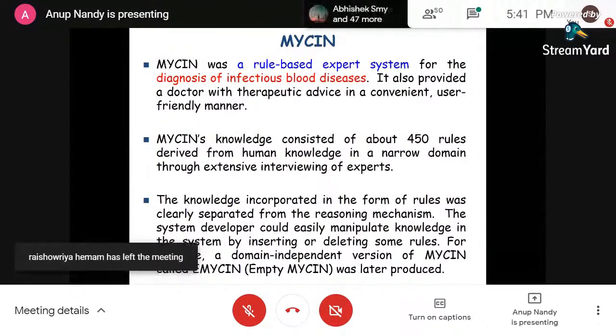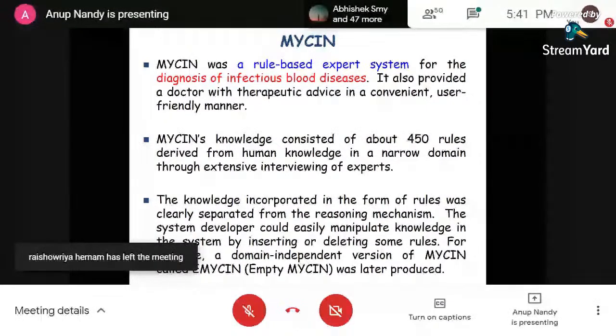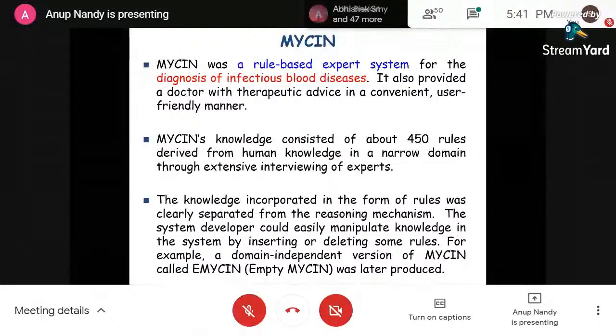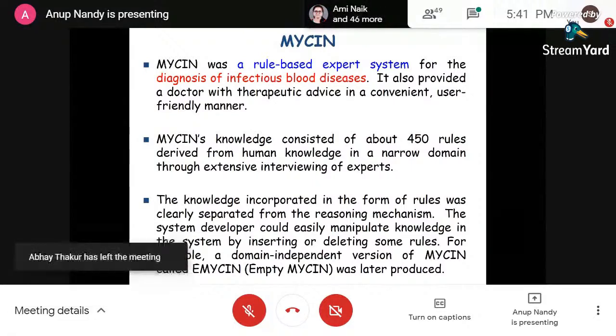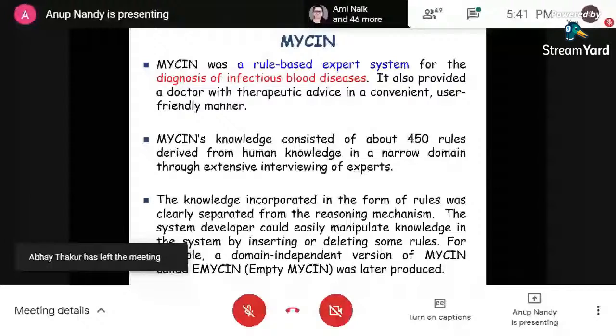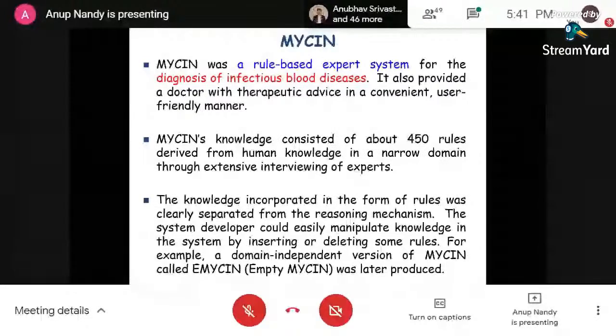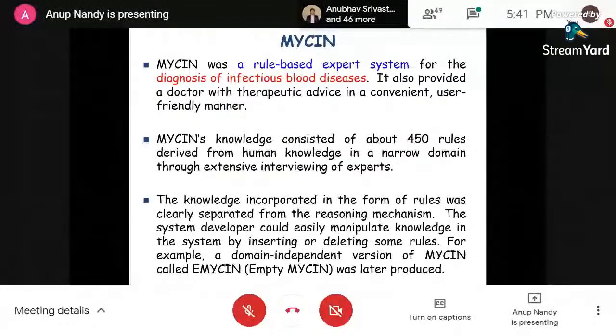Its objective was to attempt to diagnose patients based on symptoms and medical test results. This expert system was for diagnosis of infectious blood diseases, and it also provided the doctor with therapeutic advice in a convenient and user friendly manner.